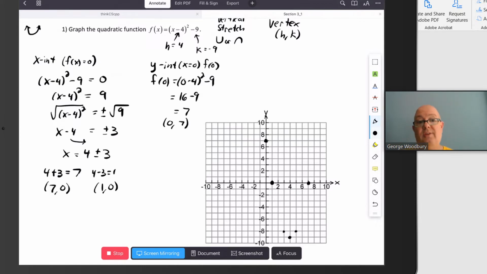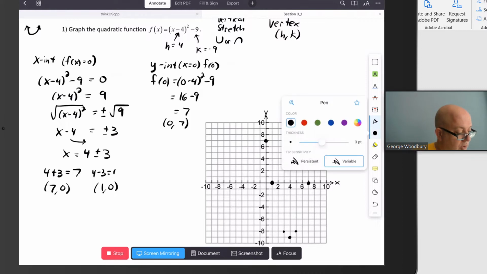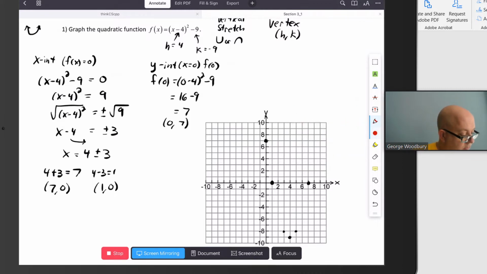We can use the fact that the graph is symmetrical around the vertical line, the axis of symmetry, that goes through the vertex. Let me switch colors for a moment. The vertex was at 4, negative 9. So if I look at 4, that point is 4 to the left.